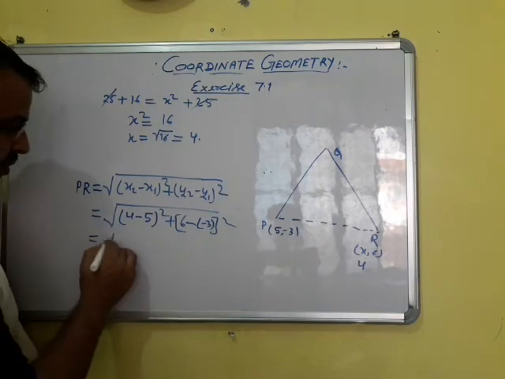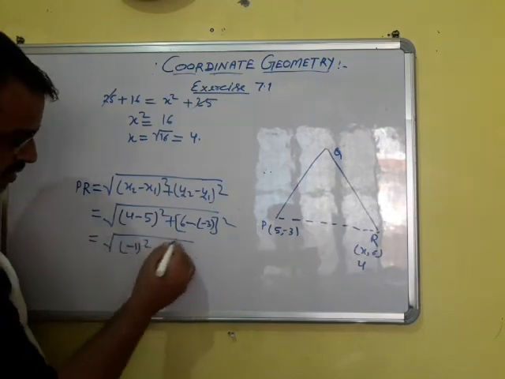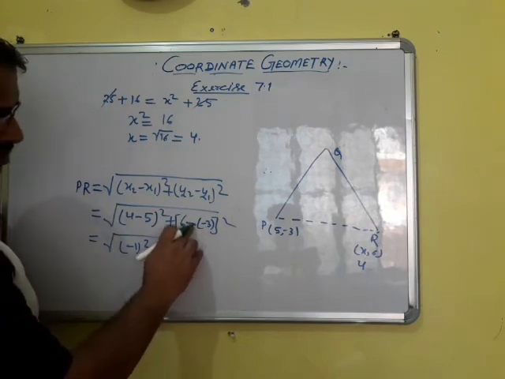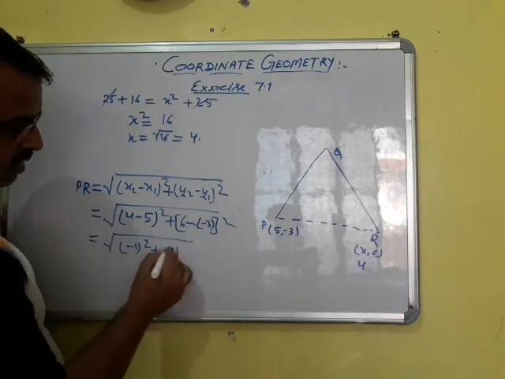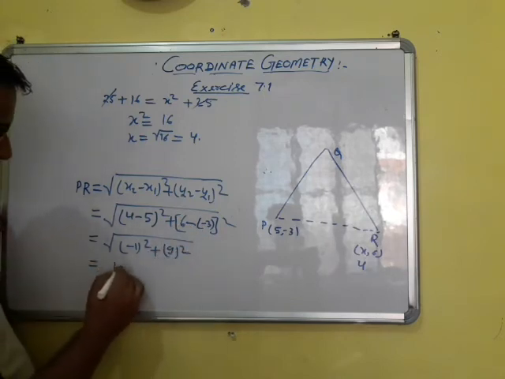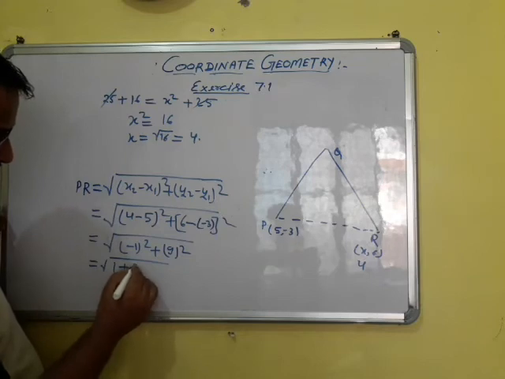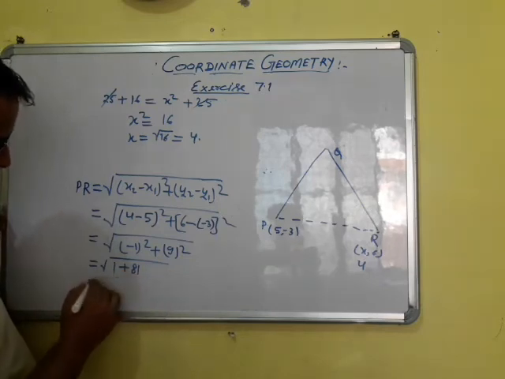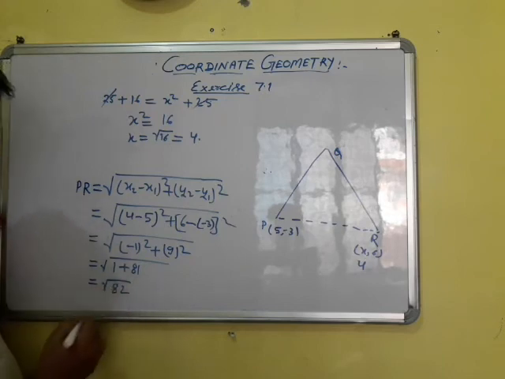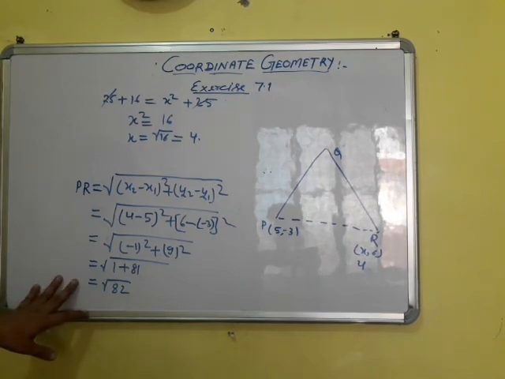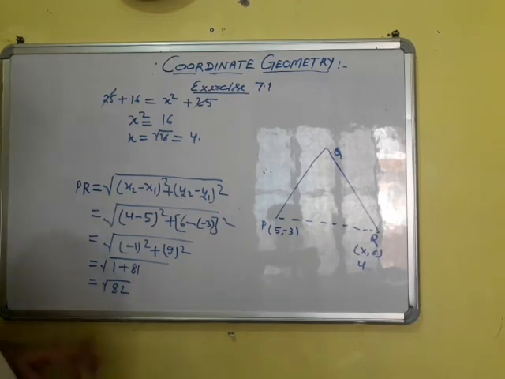So we get minus 9 whole square, I mean 4 plus 5 is 9, and 6 plus 3 is 9, so 9 whole square. We get 81 plus 81, root of 162. Clear?